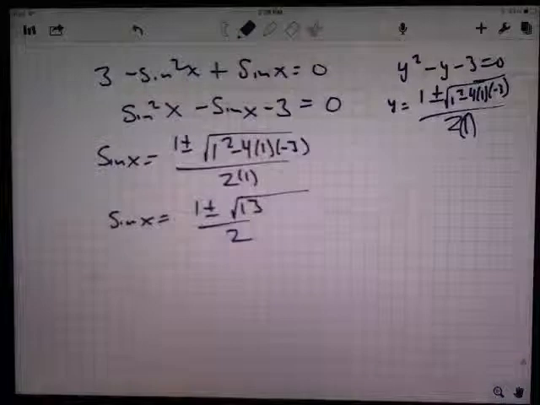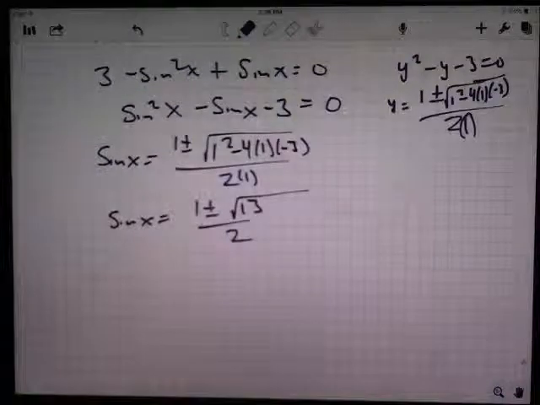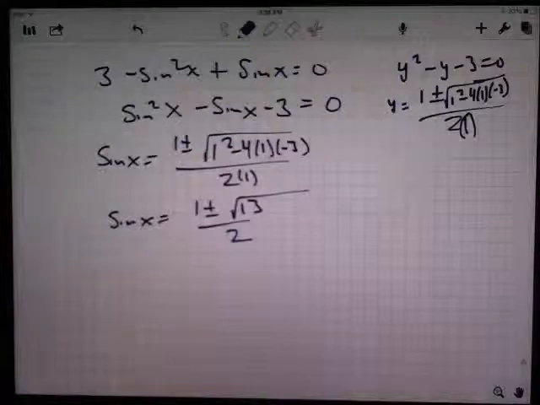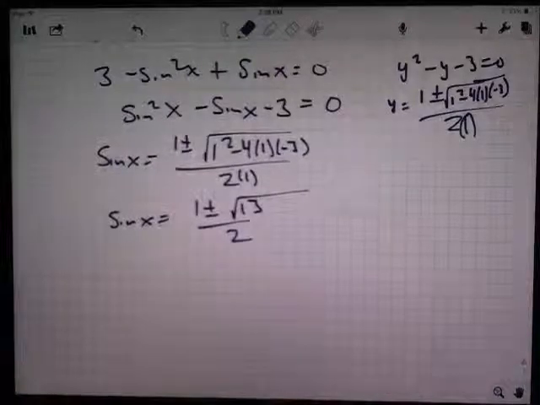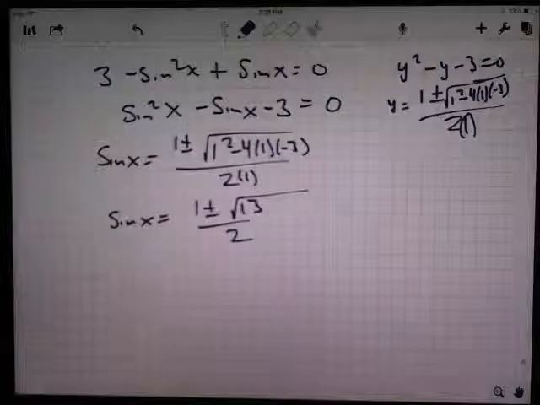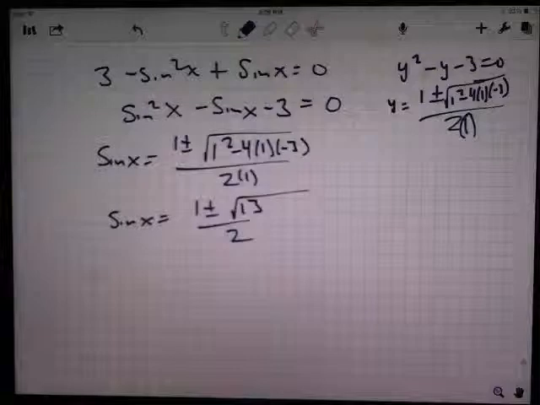So let me see here. I'm typing into my calculator 1 plus the square root of 13 divided by 2. Whoops, put it in parentheses. I didn't have my numerator all in parentheses.